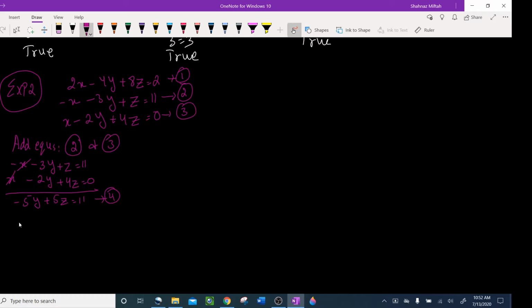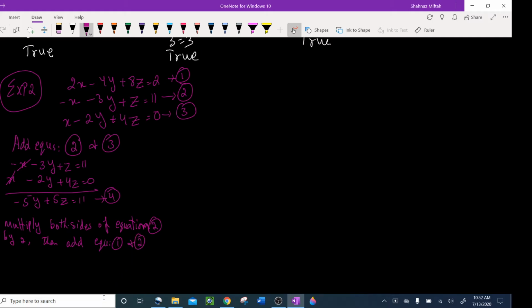To eliminate x, we are going to multiply both sides of equation 2 by 2, right? And then we add equation 1 and 2.